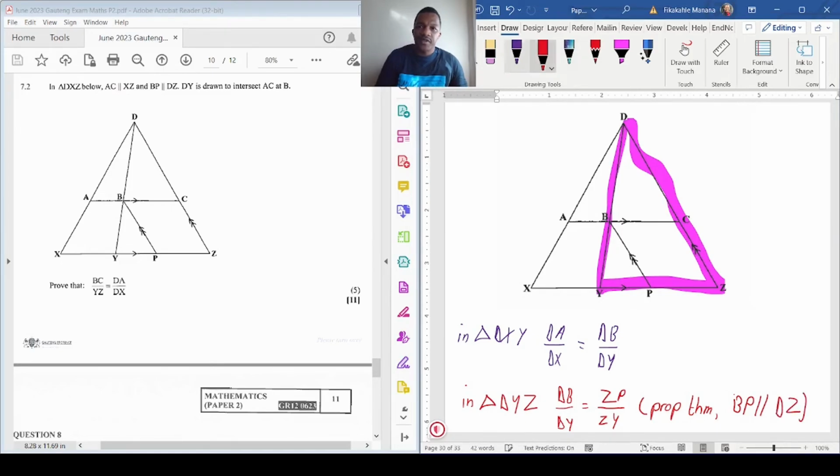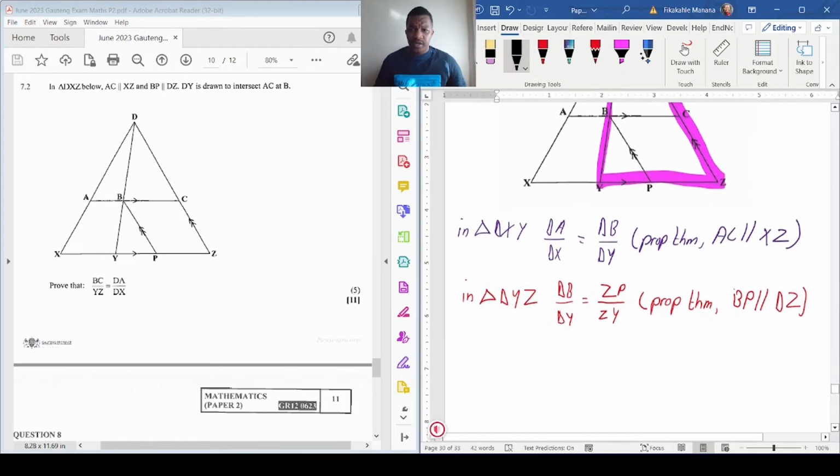That's the reason for there. But here, the reason is also the prop theorem, and the parallel lines here were AC is parallel to XZ. Cool. All right, now that we have equated these two, you can kind of see now where I'm going with this.